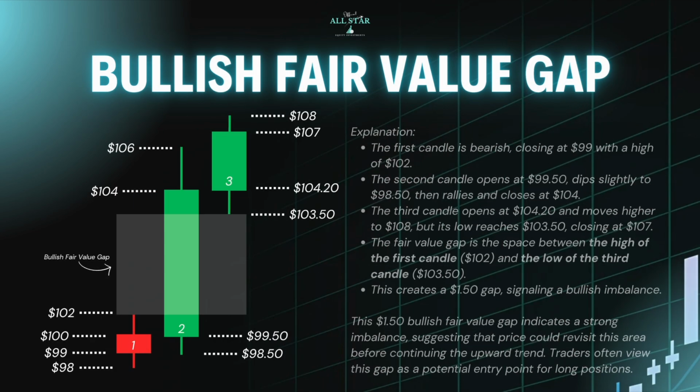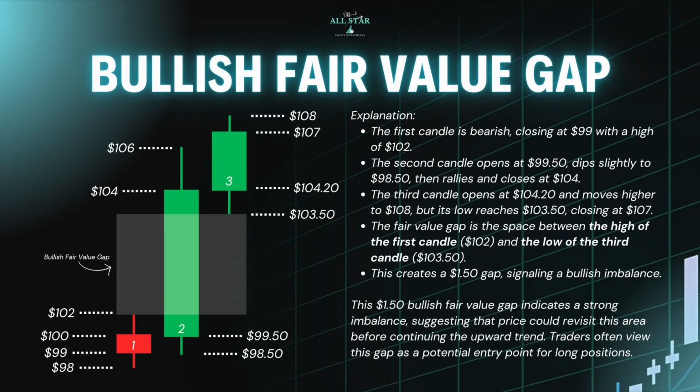Okay, so now to provide an illustration of a bullish fair value gap, you'll see here the 3 candles in sequence. The first candle being bearish, it closed at $99 and reached a high of $102. The second candle opened at $99.50 and it fell slightly to $98.50, but then buyers pushed the price back up and it closed at $104.